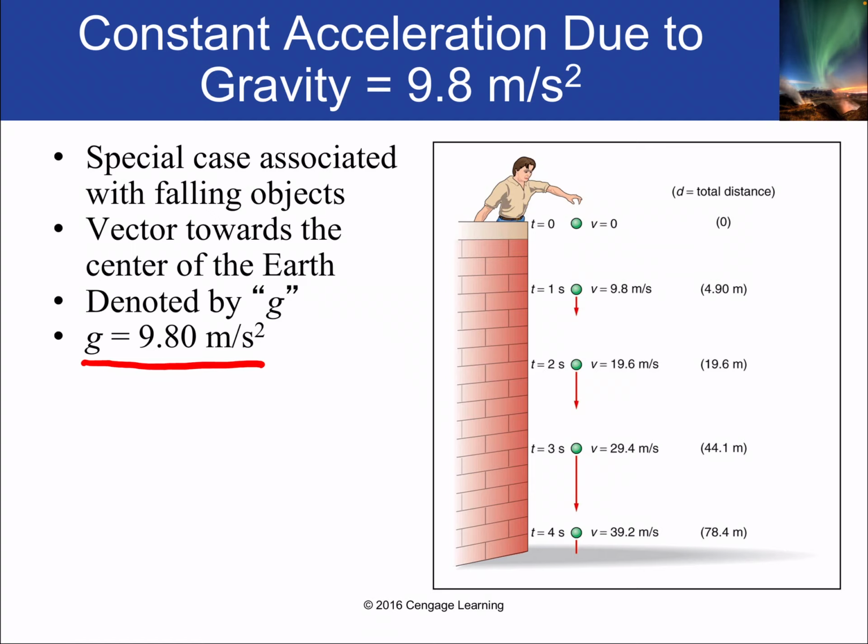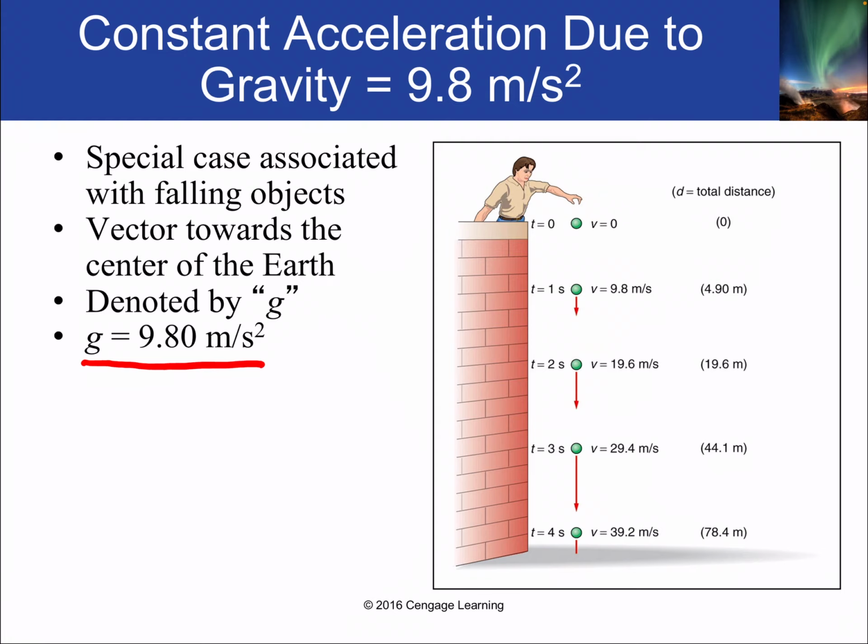As you can see, and I talked about this slide a little earlier, each second we're taking this 9.8 and we are multiplying it by our second. So our first second, 9.8. Our second is going to be that 9.8 times 2.